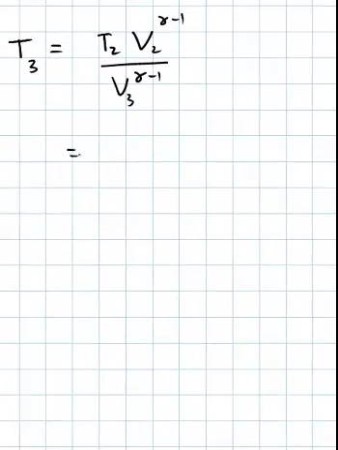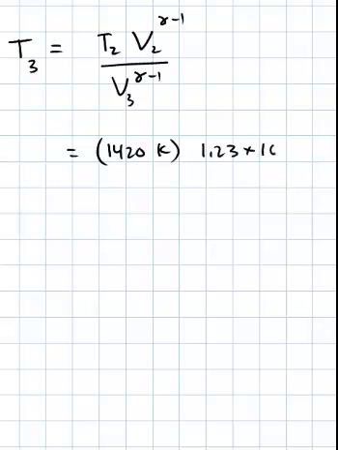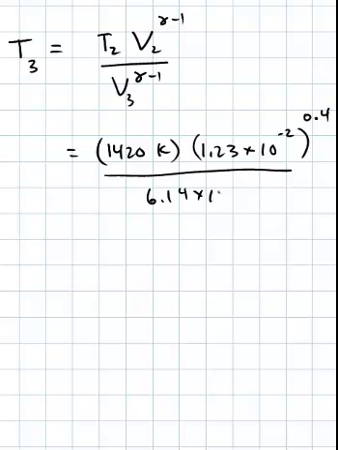Let's put some numbers in there. 1420 Kelvin, 1.23 times 10 to the negative 2 to the 0.4 power, all over 6.14 times 10 to the negative third to the 0.4 power.